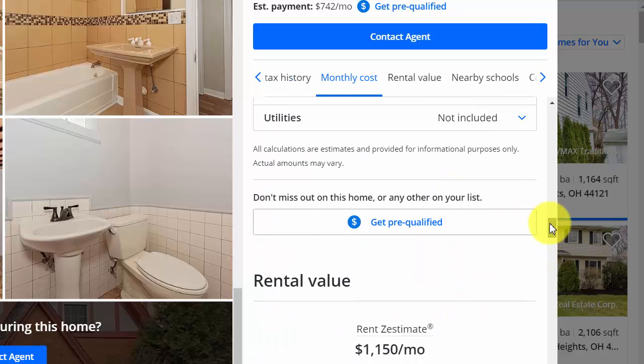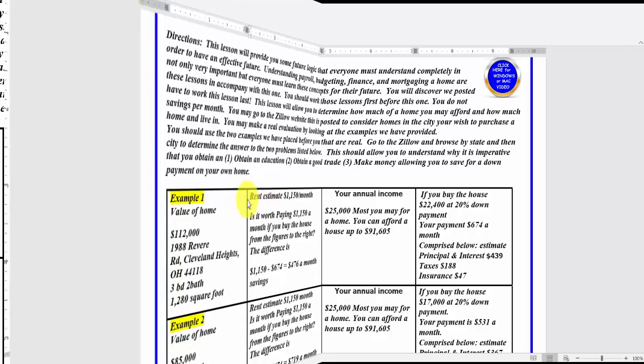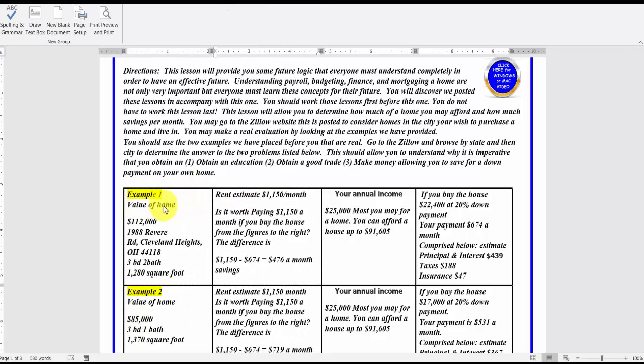Now, when you see the $1,150, let's slide over to the lesson. In example 1, the value of the home we just looked at is $112,000. Here's the address, city, Ohio, zip code, 3-bedroom, 2-bath, 1,280 square foot. When you do this for real, you have to decide how many bedrooms you are looking for, how many bathrooms, how many square feet, and what city you want to be in.